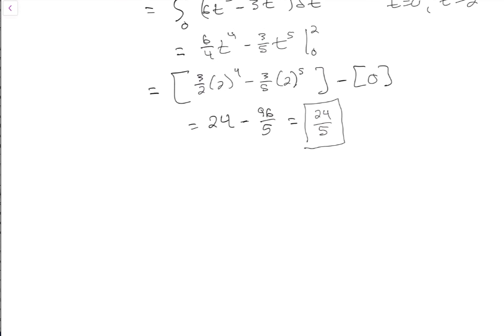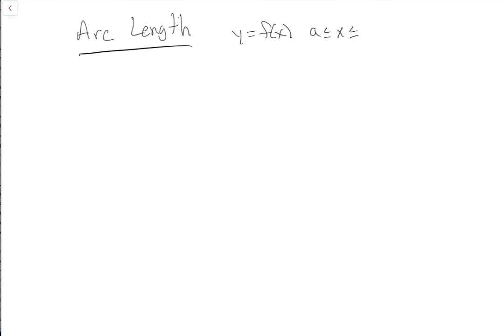And the next concept I want to take a look at is arc length. So let's suppose we want to consider the length of a curve described parametrically. Now, just to remind you from a prior video where we discussed arc length, for a function y equals f of x from a to b, I'll do a rough sketch here from a to b, right?